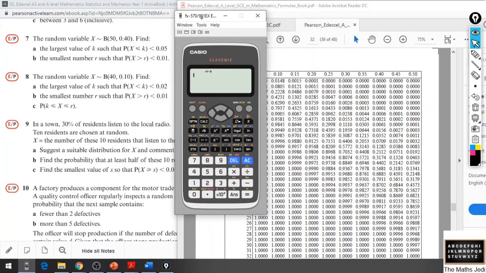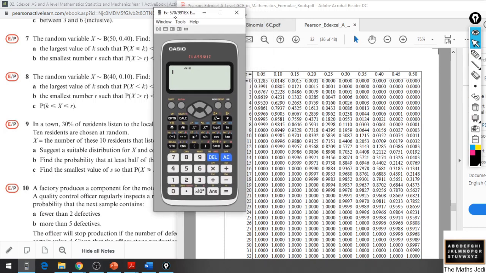Let's move it into the center here. The two probabilities I have are 0.9949, and I'm going to take away 0.0148. And that gives me 0.9801.